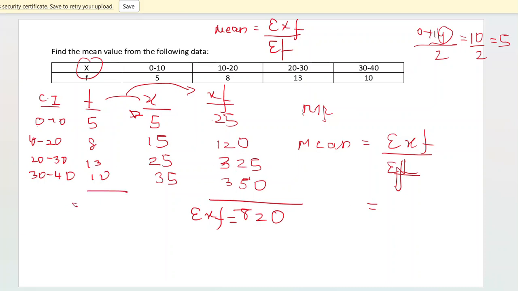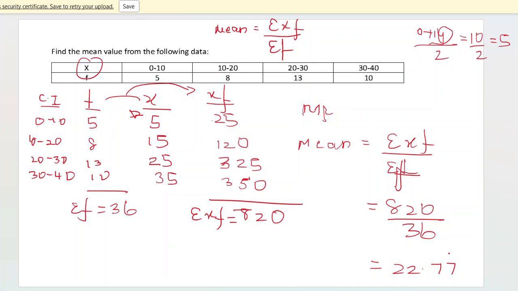Summation of f is the sum across this column, which you'll get as 13, 26, 36. So the mean will be 820 upon 36, and this answer will be 22.77. This solves the mean.